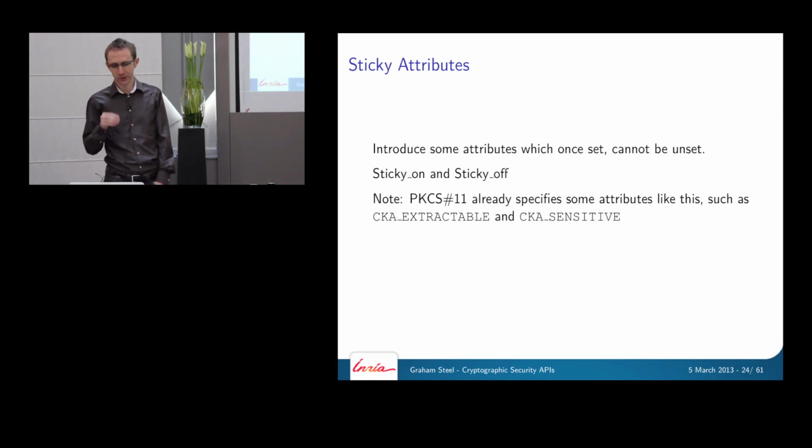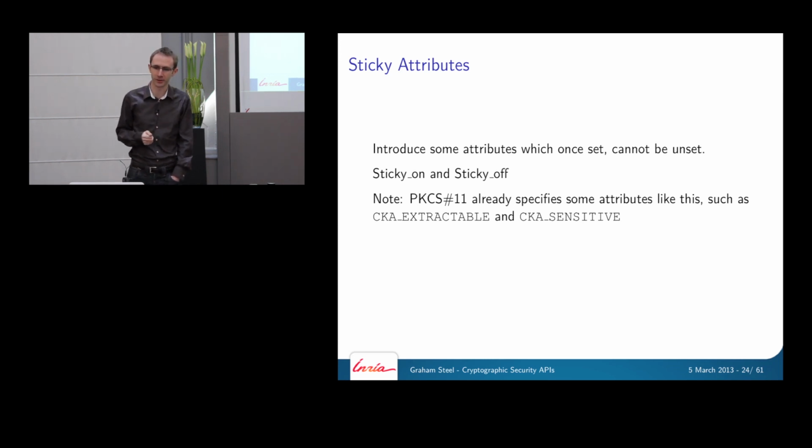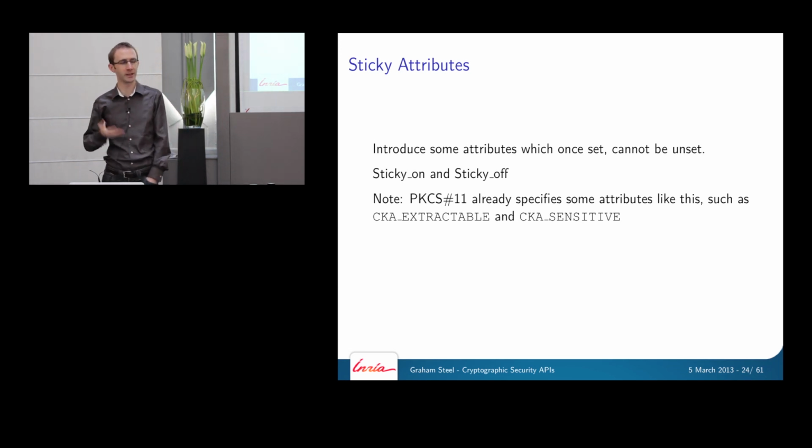So we can introduce a set of attributes which, once they've been set, can't be unset, and ones which, once they're unset, can't be set. Notice that these already exist inside the PKCS 11 standard, so we're not making a big radical change to the standard. For example, the CKA extractable attribute is already a sticky off attribute, because once I've said that extractable is false, I'm not allowed to set extractable to true.